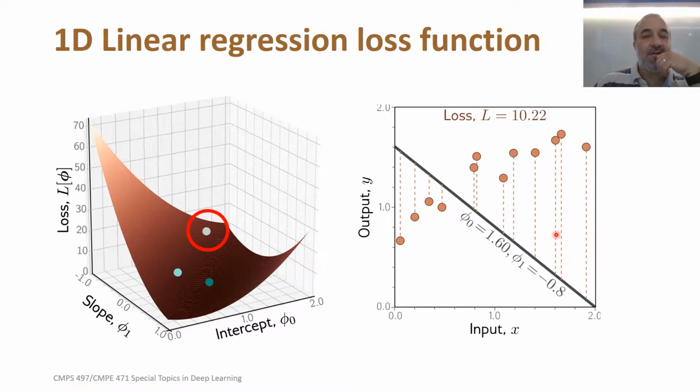And this line has a higher loss, right? It's that point in that space. So how come a line is a point? Is that clear to you? The line in 3D is here because it's represented by just the value of phi 0 and phi 1, and the height in that 3D space is the loss value.